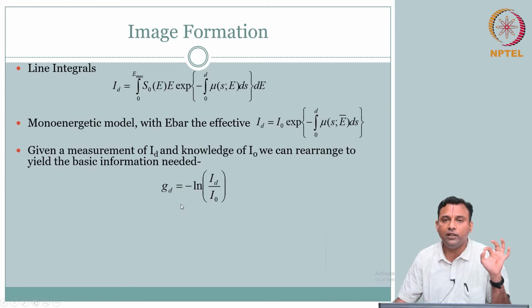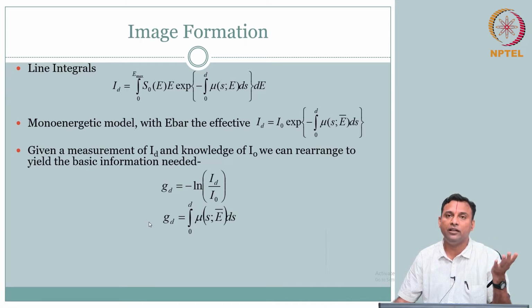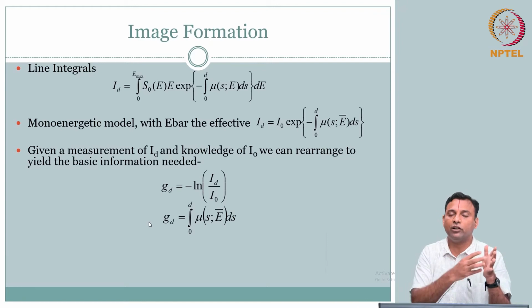But what is this measurement equal to? Equal to this ln, the exponential is gone. What you have on the right hand side is just the integral from 0 to d of mu. What this says is what you are measuring at the detector, and remember the CT detector we covered is different from our previous one where it was converted to optical density.